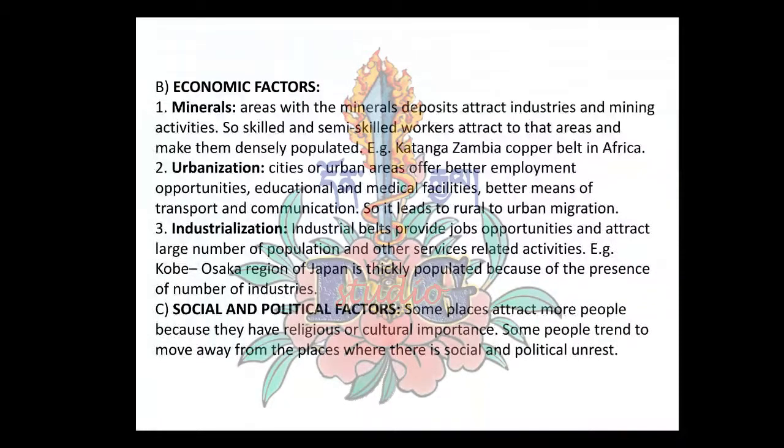Because in the Osaka region, we have many industries. These industries attract more people to work, and these people also need other services like entertainment, schools, colleges. So ultimately, because of these industries, more people and more services are attracted, and that region becomes the highly densely populated region of that country.